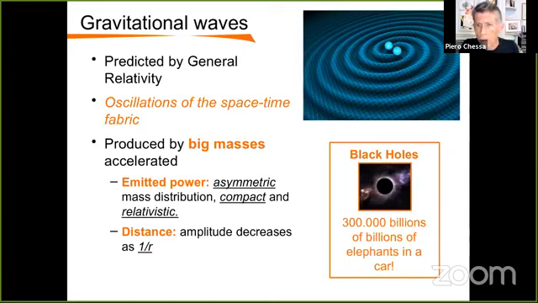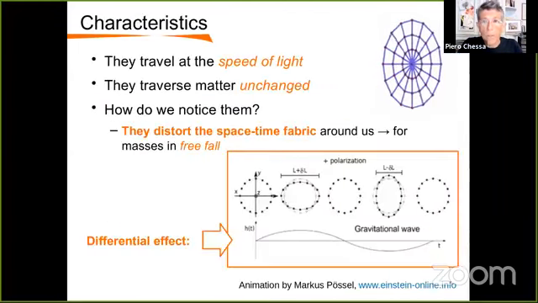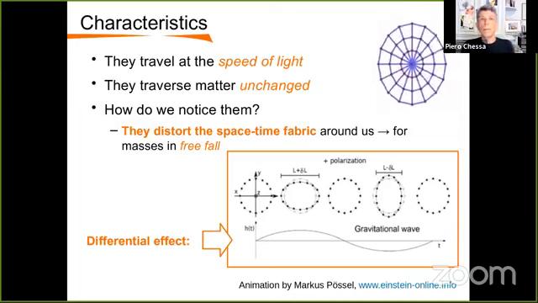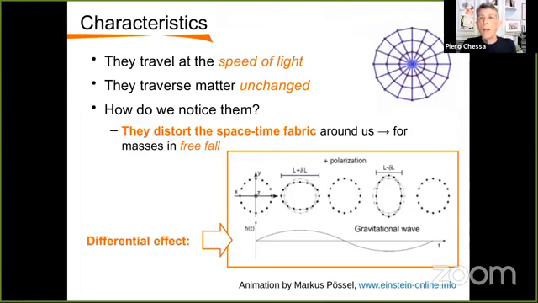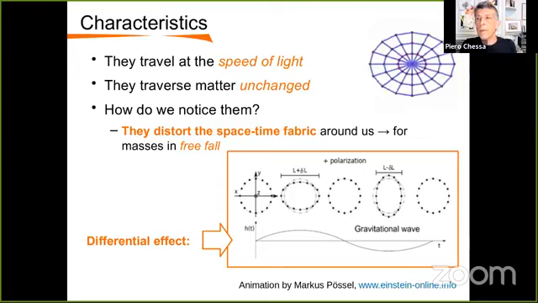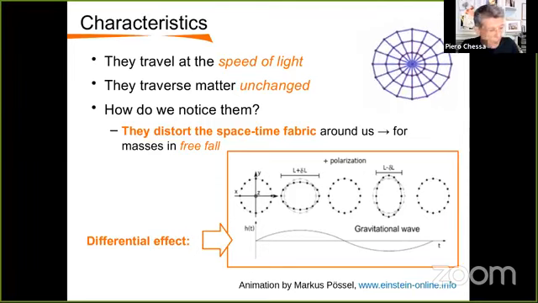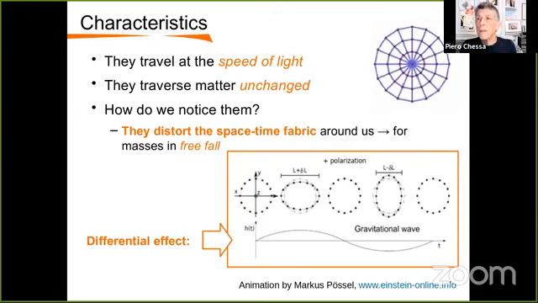Here in this box you have an example of what a dense body is for us. It is a black hole or a neutron star. The moving picture here is a cross section of the effect of a gravitational wave.